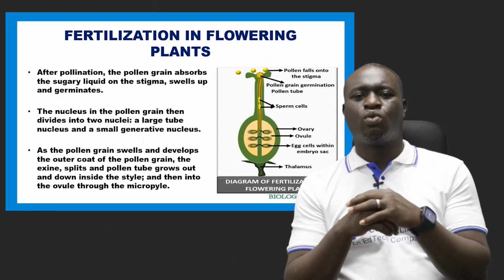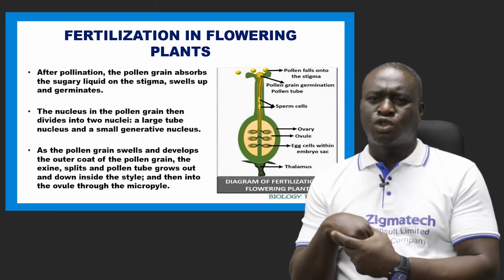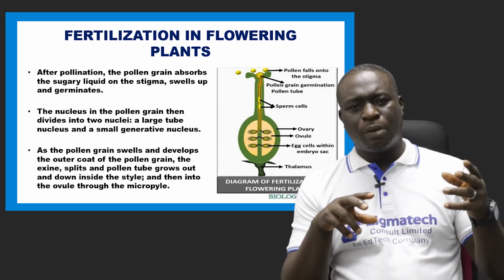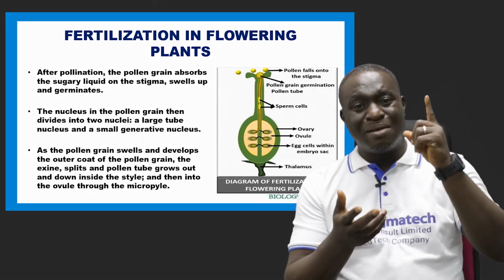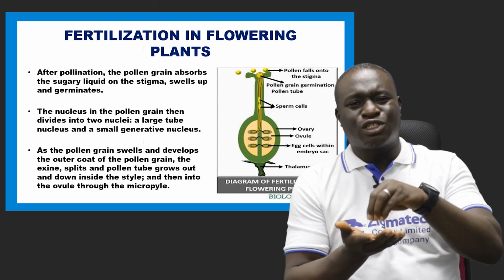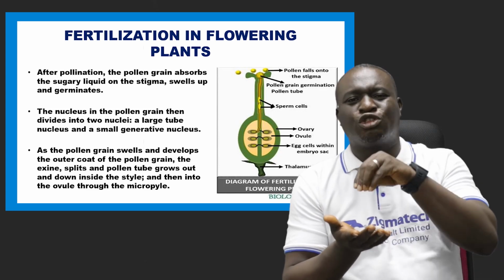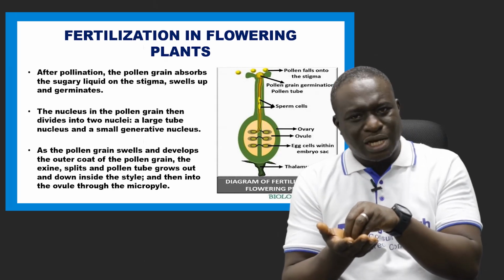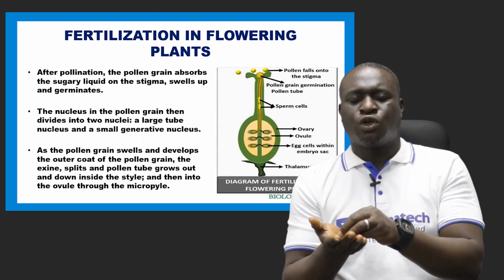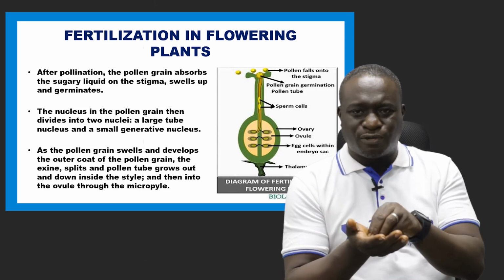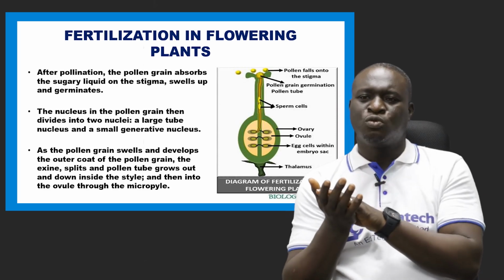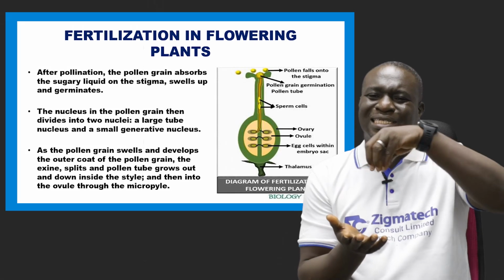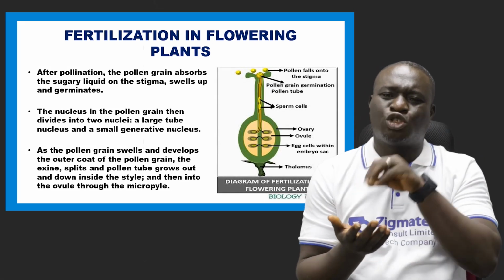So this is what we call pollination. Until a mature pollen grain lands on a mature and suitable stigma, pollination has not yet taken place.